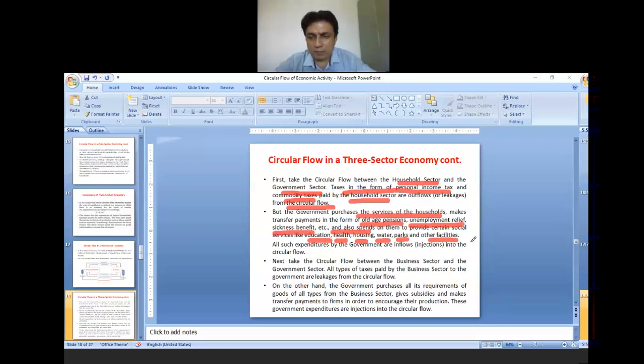Such expenditures by the government are inflows, injections into the circular flow.